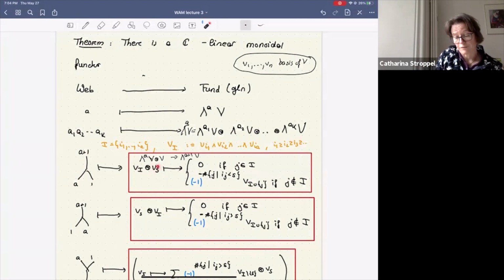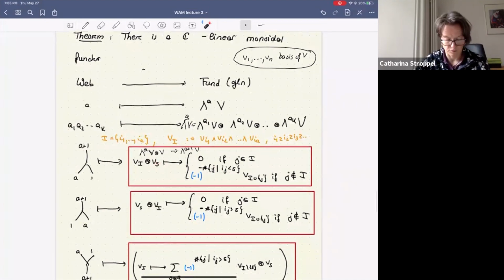So in particular, if this v_s appears somewhere in my wedge before, I get 0. And if it doesn't appear, then I just add it. So I put it in the correct order at the correct spot. But to put it in the correct spot, I have to maybe introduce a minus sign. And I tell you exactly what this minus sign is. It's minus 1 to the power, a negative power. I count the j's such that these indices i_j is smaller than this s, which I have here. So that's a reasonably nice formula.